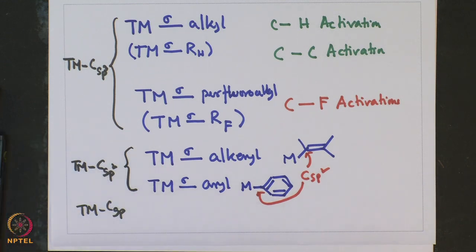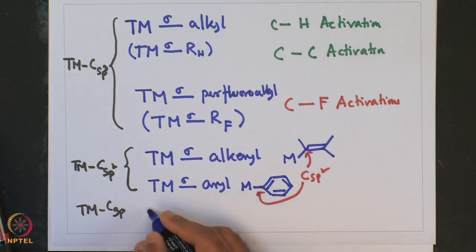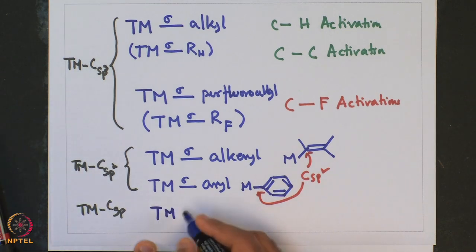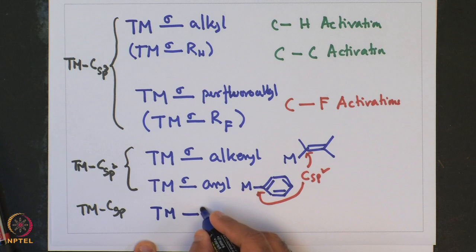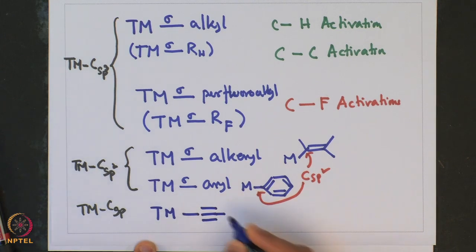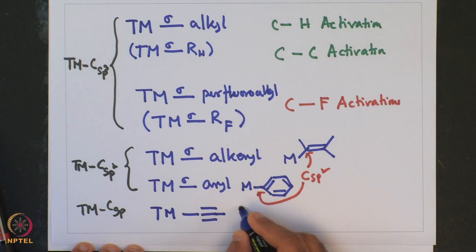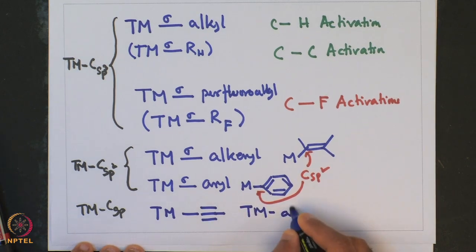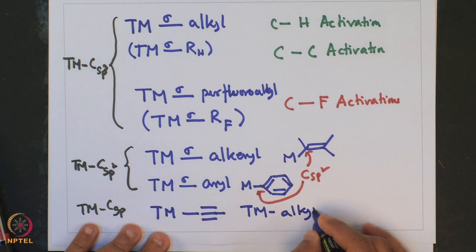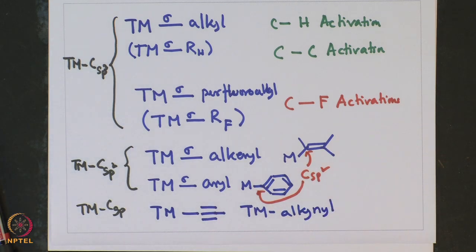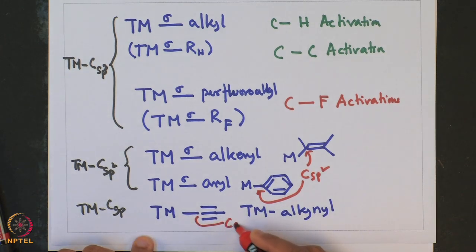And as for the transition metal sp type, we are going to talk about transition metal alkynyl complexes, and these are called alkynyl complexes, where this carbon is Csp.